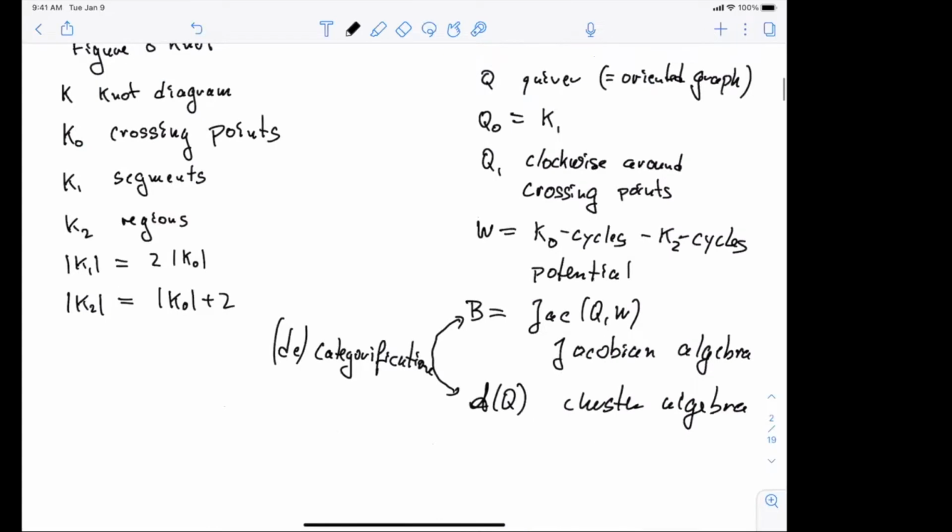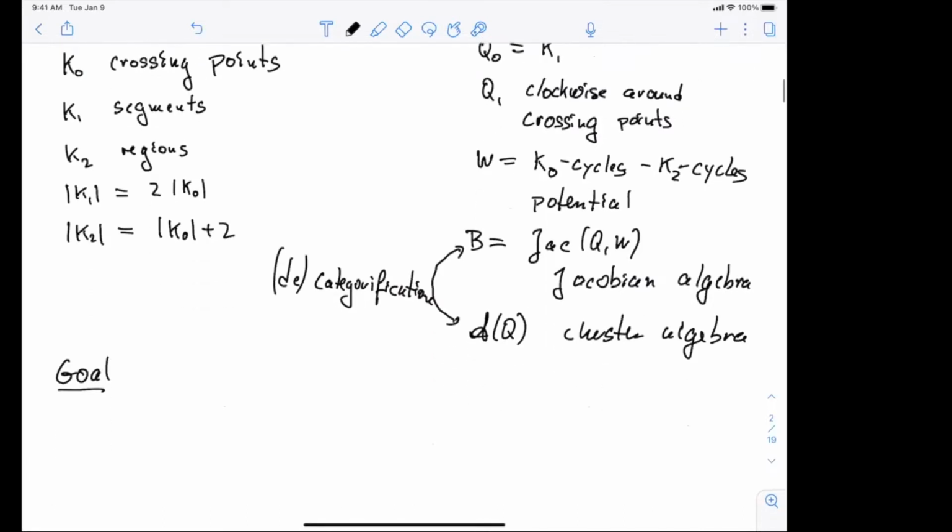And so our goal, well, we have the connection here. Our goal is to make this connection meaningful. So what we want to do is construct cluster variables.